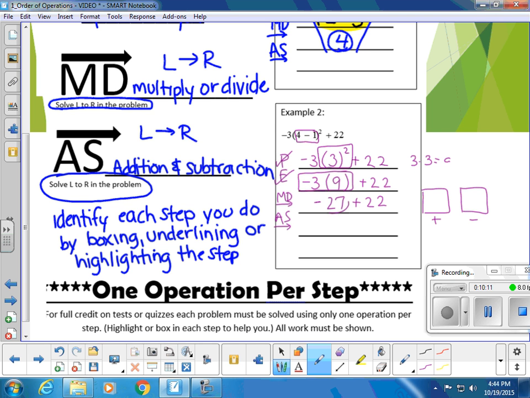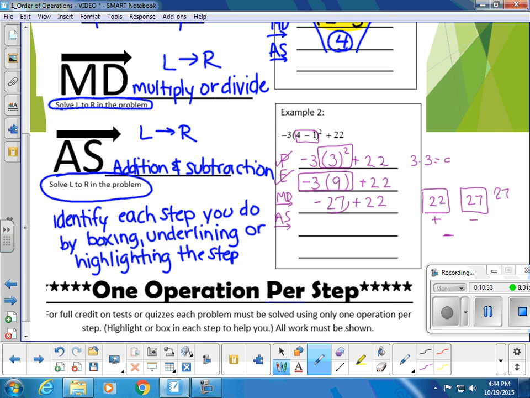That's a negative 27, so that goes in the negative box, and a positive 22, that goes in the positive box. If they're in different boxes, I'm going to subtract them, but first I need to look at them and say which one has more. I have a positive 22 and a negative 27. 27 is bigger than 22, so that's a negative answer.